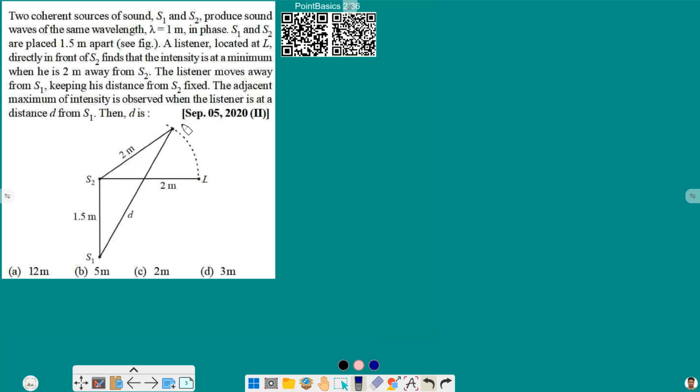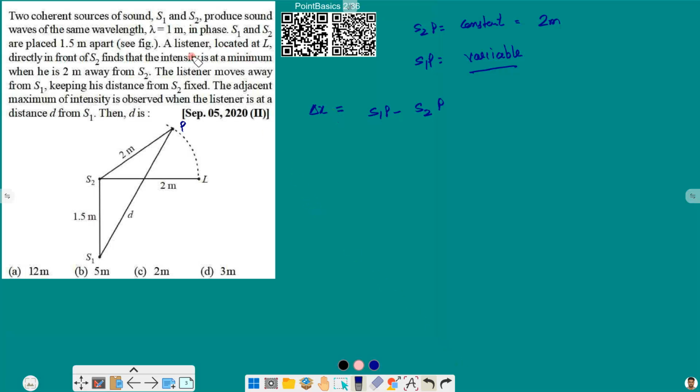And suppose that the listener is at point P. So we can say here that S2P is constant and equal to 2 meter, and S1P is variable. So the path difference here will be S1P minus S2P. That is the path difference delta X. So we have to calculate it.